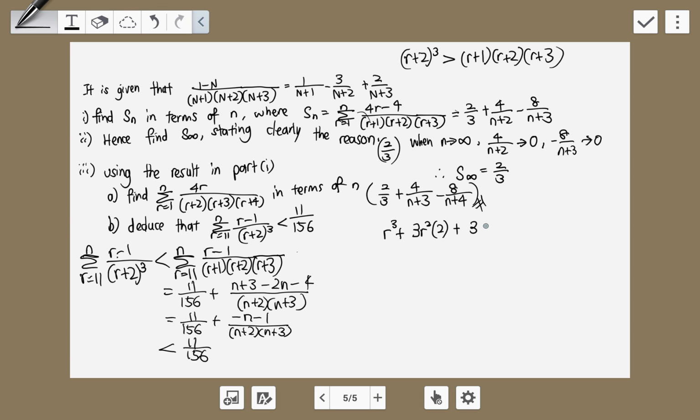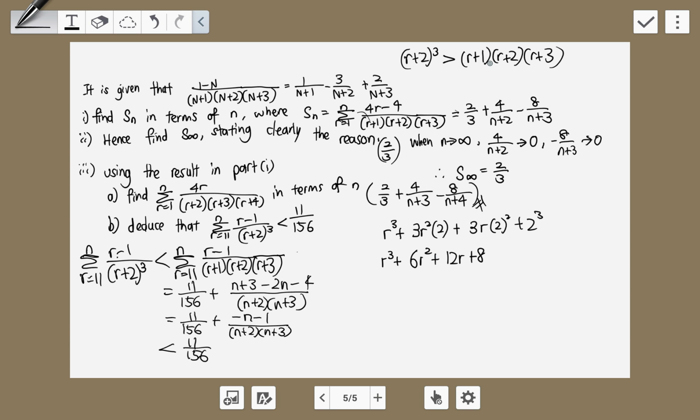These are the coefficients. So r times 2 squared plus 2 cubed. That would be my r plus 2 to the cube. So this one I'll simplify: r cubed plus 6r squared plus 4 times 3, 12r, plus 8.